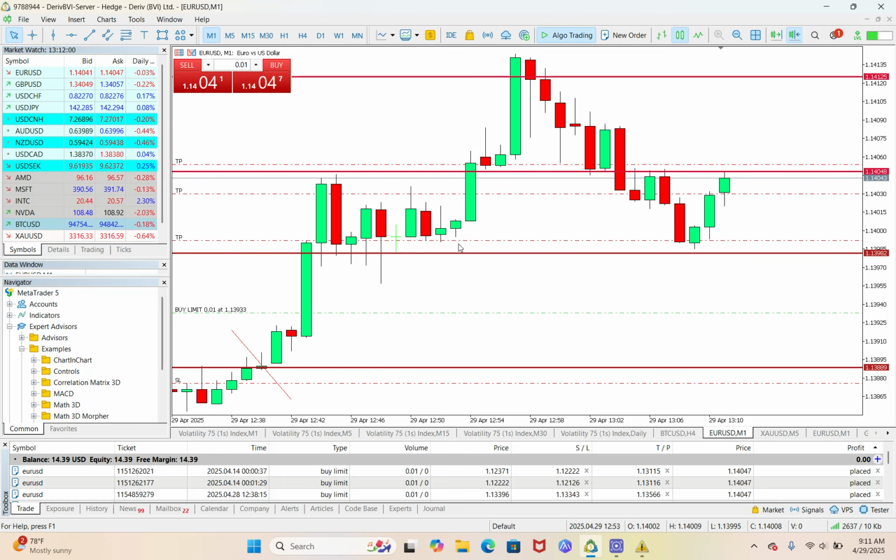So we could have still, using trend trading, taken a buy right here as well. But we are not trading trend, so this would have been a loss for us if we were trading trend.